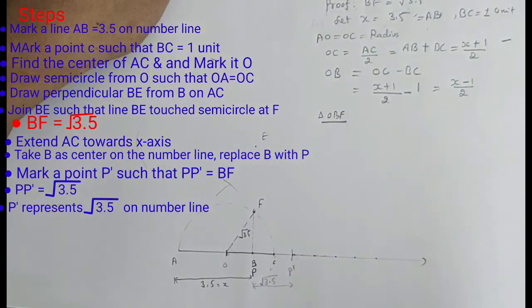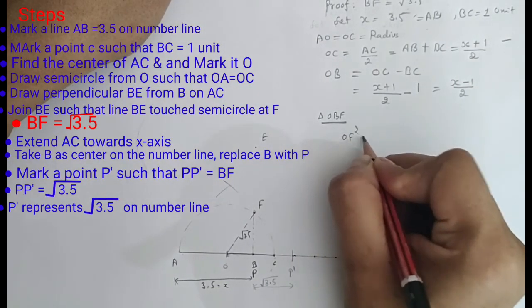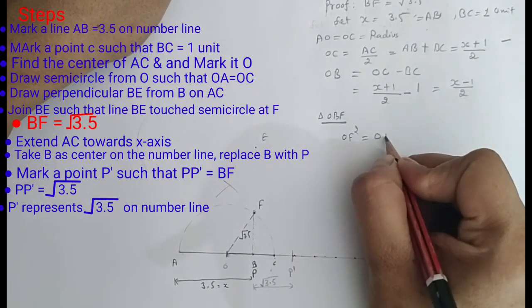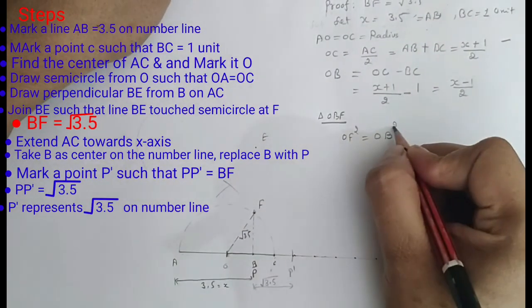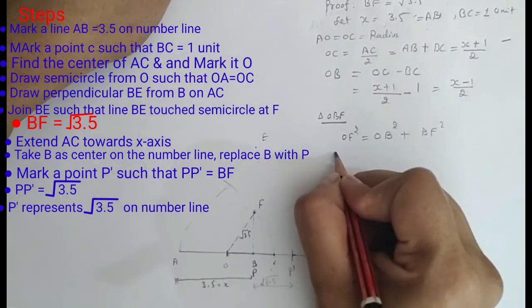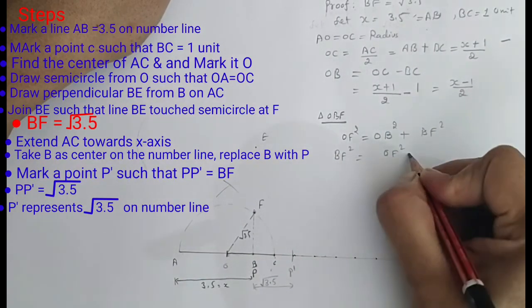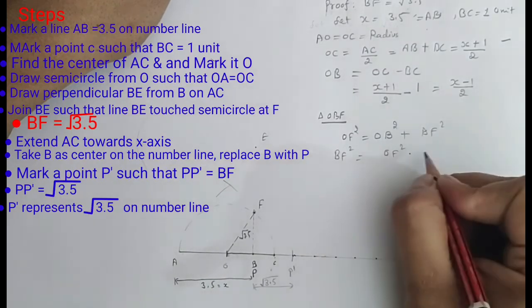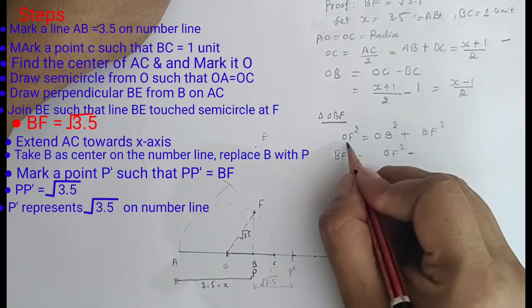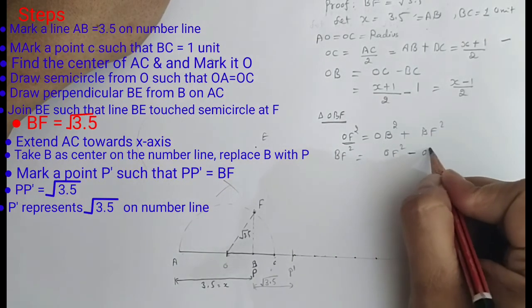So here we can apply Pythagoras theorem, which says that OF square is equal to OB square plus BF square. So from here we can find BF square, which will be equal to OF square minus OB square.